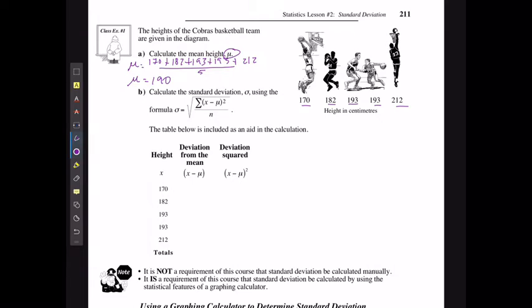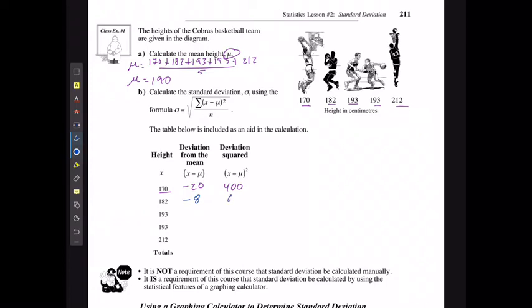Now, I'm going to take all these pieces of data and say, what is the deviation from the mean? So if I take 170 minus 190, I get negative 20. When I take negative 20 and square it, I get 400. 182 minus 190 is going to give me negative 8.